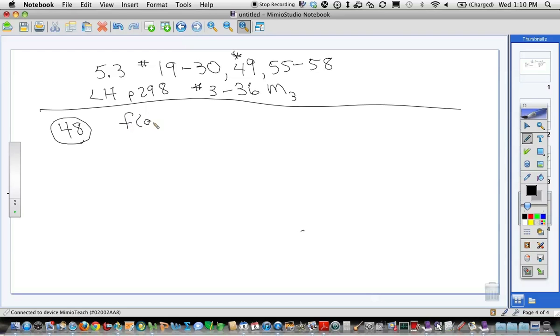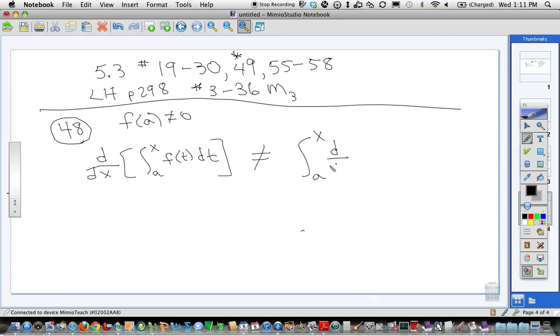They said if f of a does not equal 0, we're supposed to show that the derivative of the integral, they have an a there I think, of little f of t dt, that's the left side, we're supposed to show that that does not equal the integral from a to x of the derivative with respect to t of little f of t, with the dt out here.